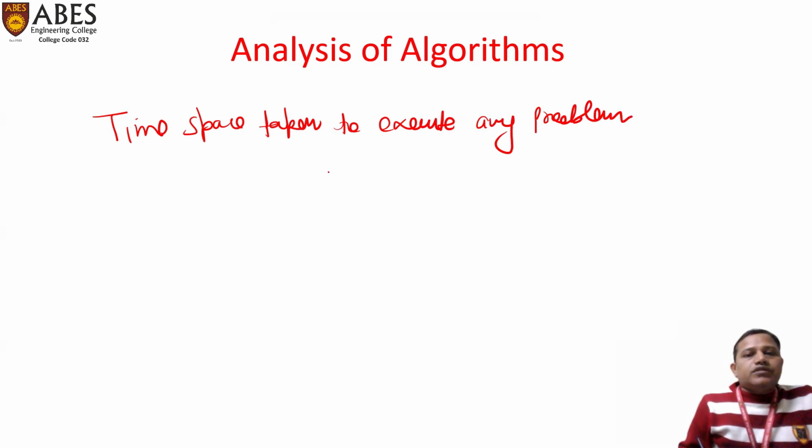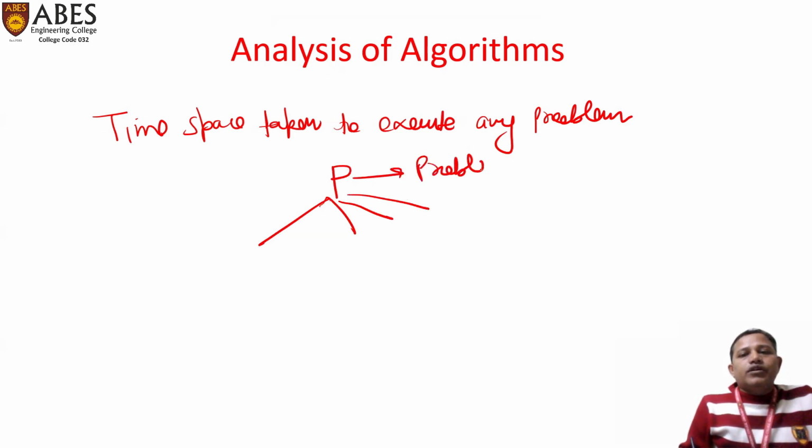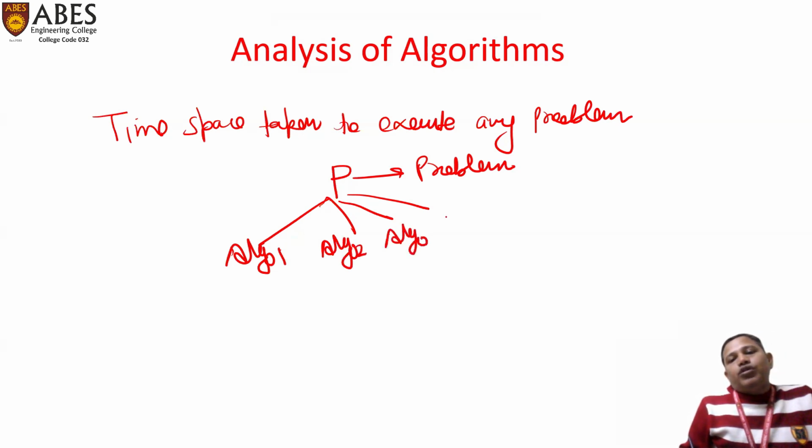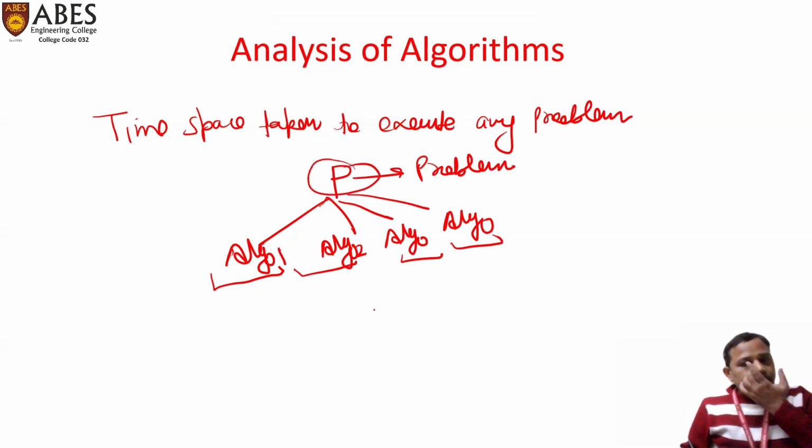So first we find a best solution of a problem. If this is the problem, we find different solutions, which are also known as algorithms for this problem. For a single problem, we find different algorithms or solutions, and we evaluate which one is the best solution or algorithm for this problem.